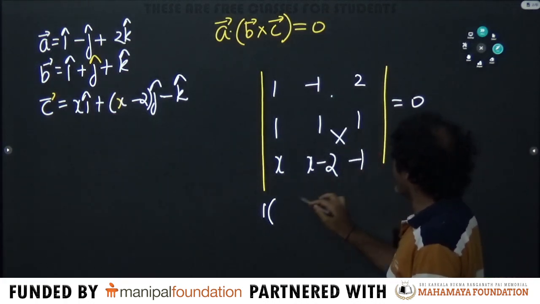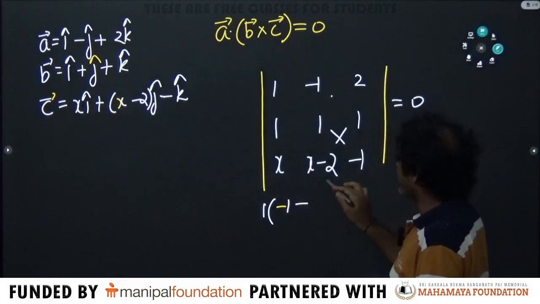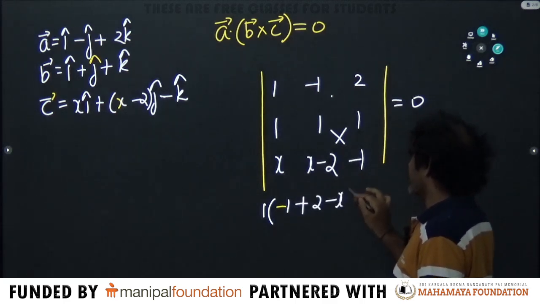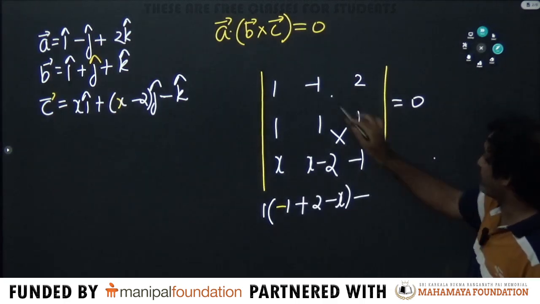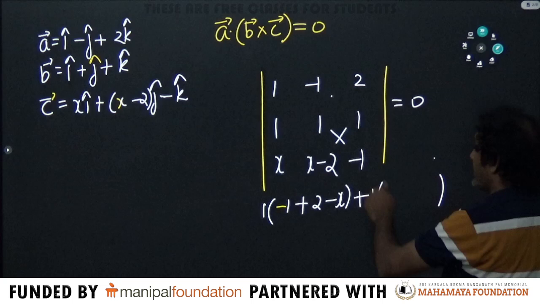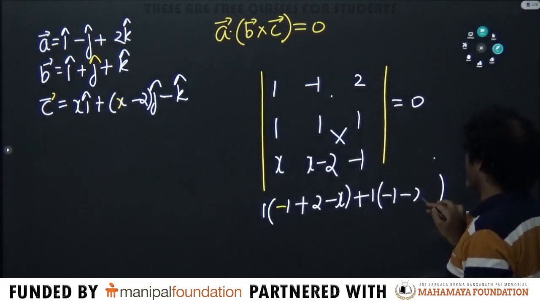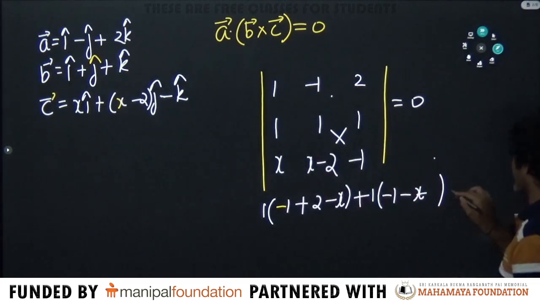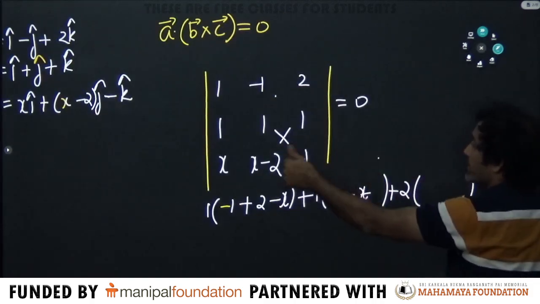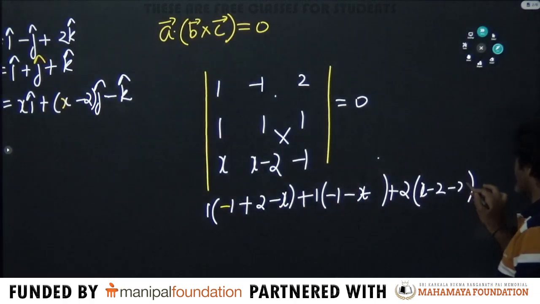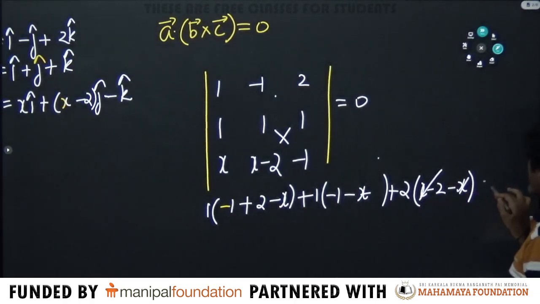1, isn't it minus 1 minus of x minus 2, which becomes 2 minus x. Minus of this makes it plus 1, and here isn't it minus 1 minus x. Correct, right? This is minus 1 minus x plus 2 into (x minus 2 minus x) should be 0.